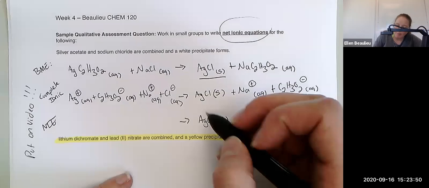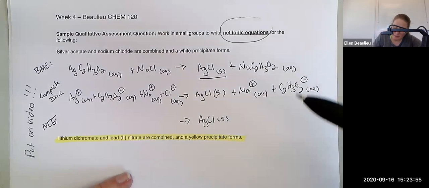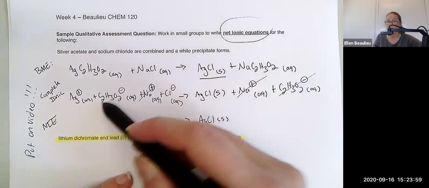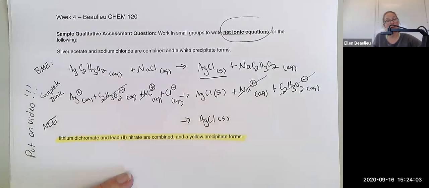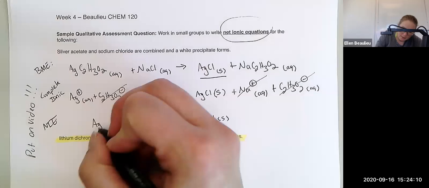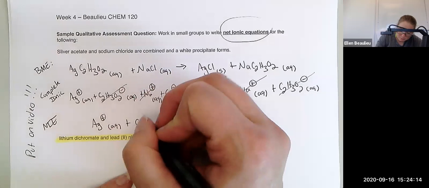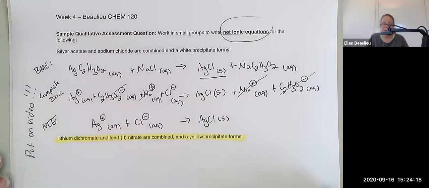Now again, my net ionic is not going to contain those spectators. So anything that's the same on both sides of the equation, I would not put into my net ionic equation. These are called spectator ions. They're just watching the action. They don't really participate. But anything that we didn't cross out will be put in that net ionic equation. So here's my NIE for that first process.